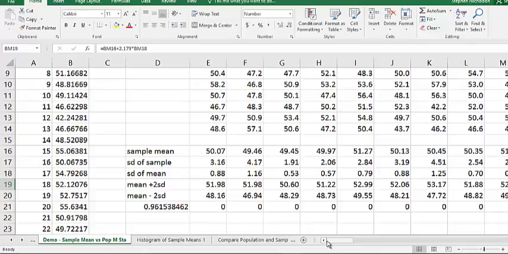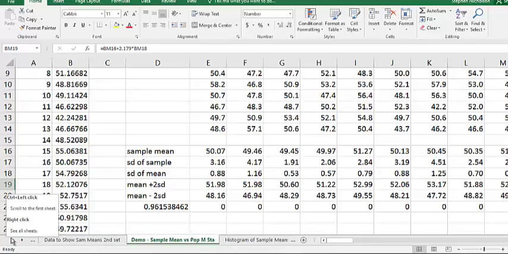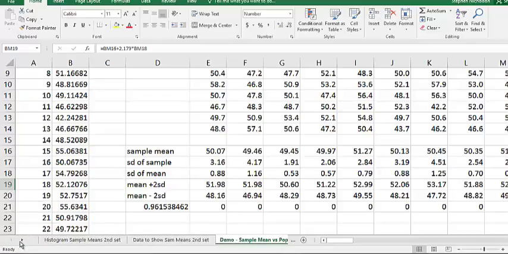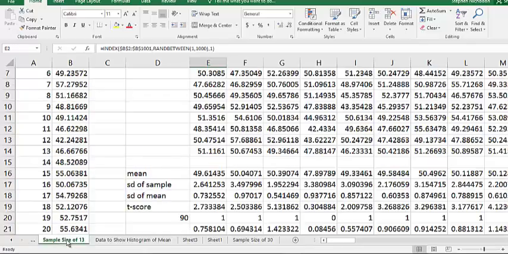I did this not in this sheet, but I think I have it on another one where it'll do a whole bunch of samples again. I can't remember where I put it.